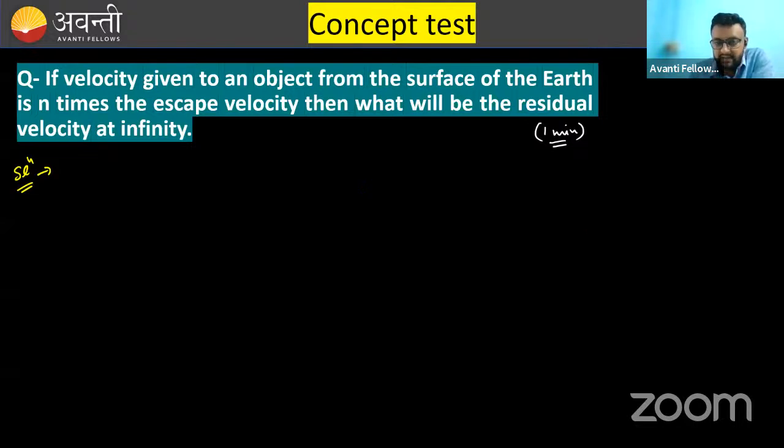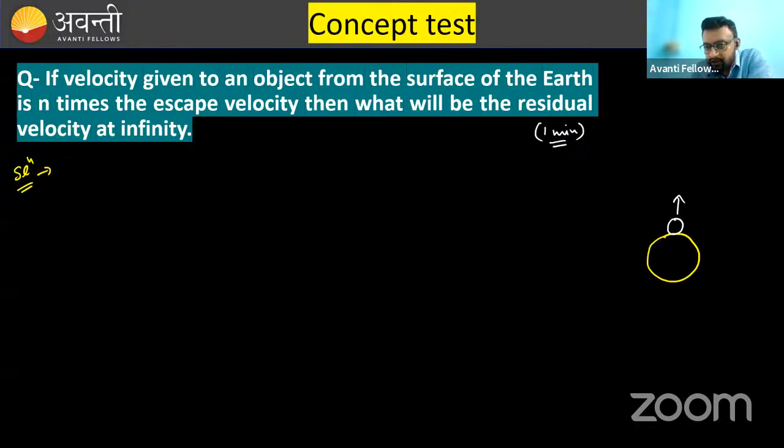In the previous discussion, what we have discussed, suppose this is the Earth. And a particle, some object, is thrown like this, with a velocity which is n times the escape velocity.